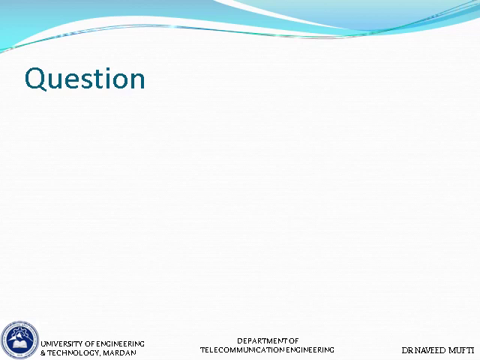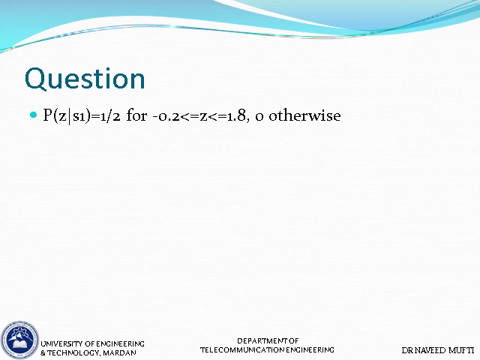In addition, you have been told the shape of the probability distribution. So the likelihood of S1, you have been informed that it has this value: it is equal to 1 by 2 for a certain range of z, and it has a value of 0 otherwise.